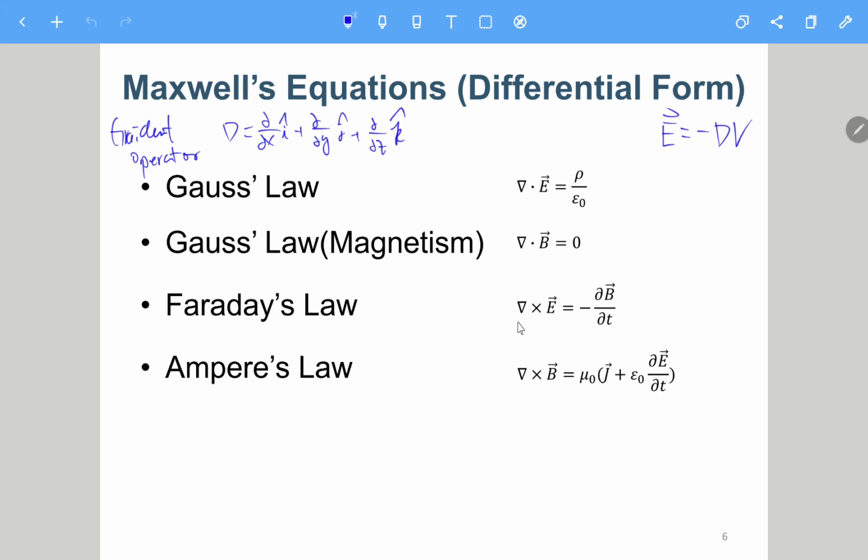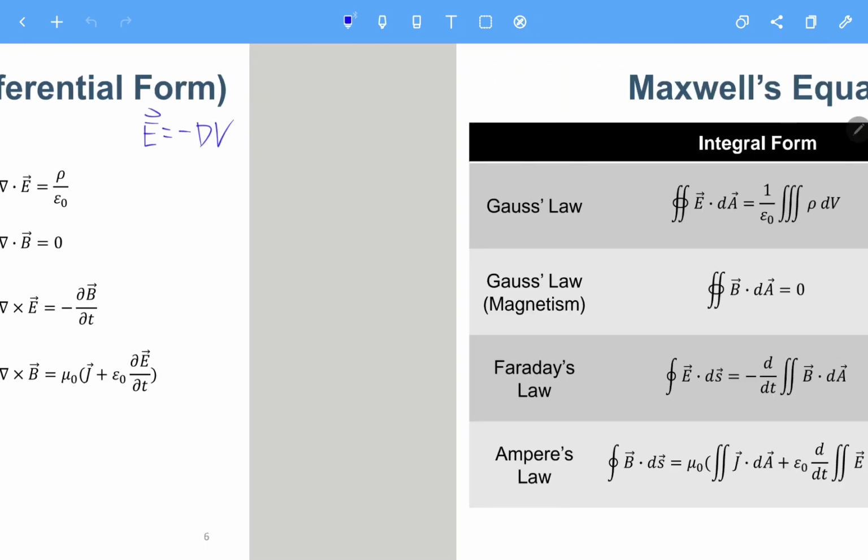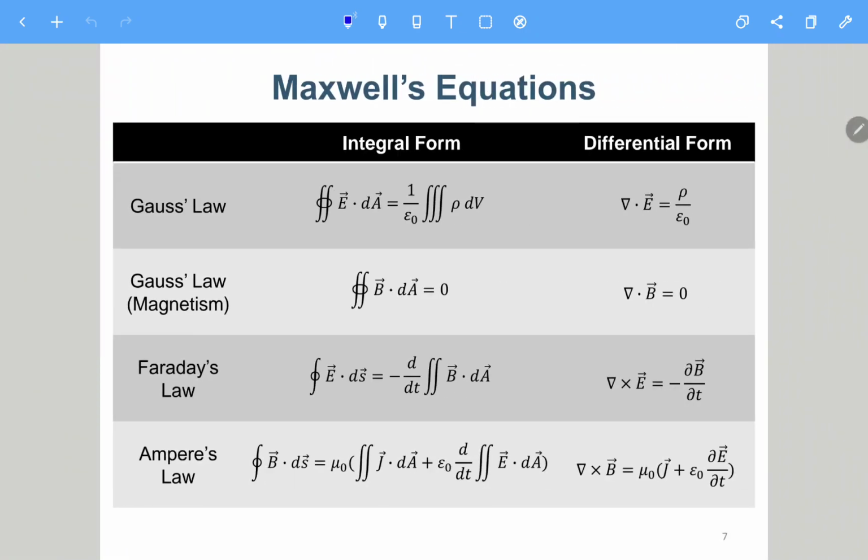This is the curl. Later on I will let you know what they are and how we can get those differential forms of the Maxwell equations. Before doing that, this is the quick summary: the integral form of the Maxwell equations looks like this, and the differential form looks like this.